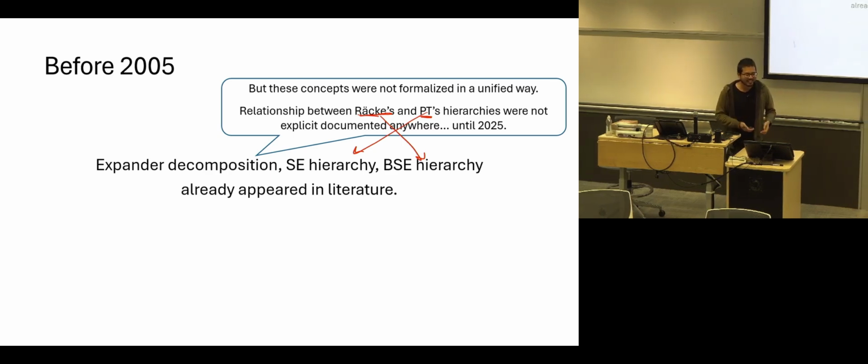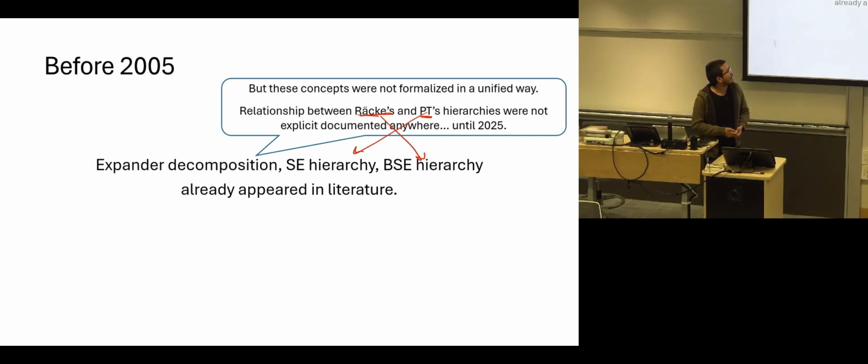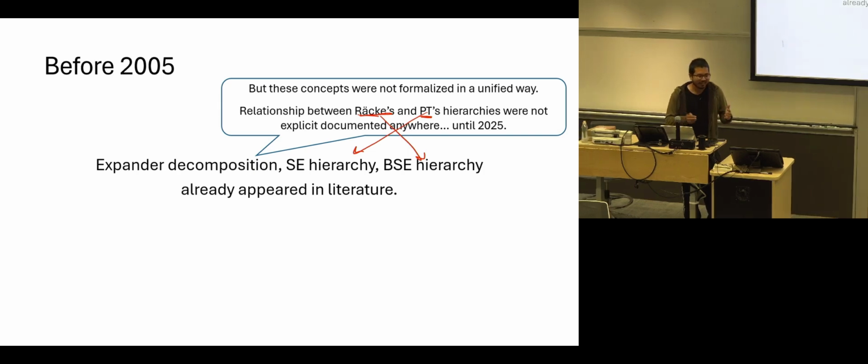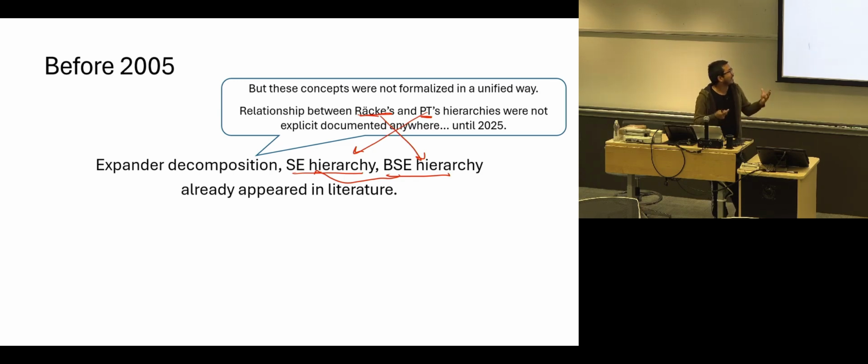They don't really even cite each other. So it's only become clear now that they are really similar to each other. And BSE hierarchy by Räcke is just a strengthened version of SE hierarchy. So at least from this class, we basically see the unified way that things in the literature are connected.